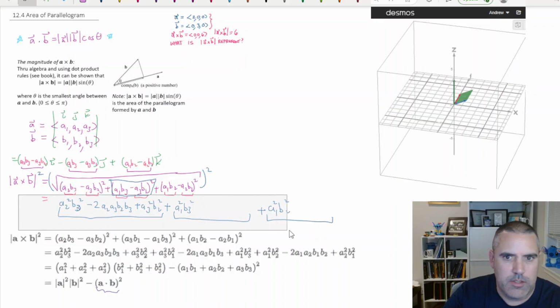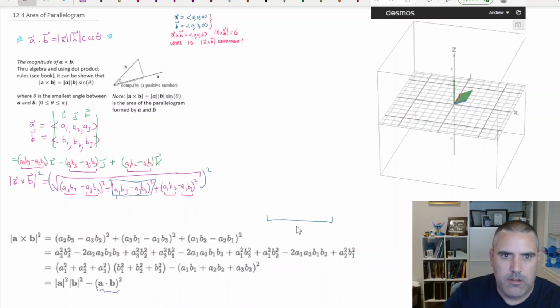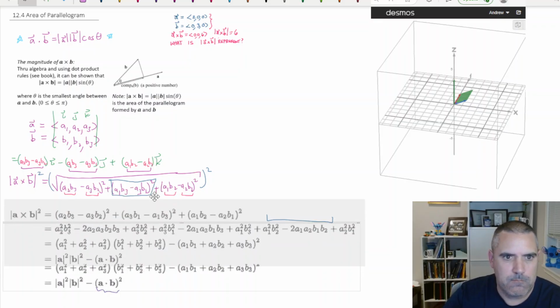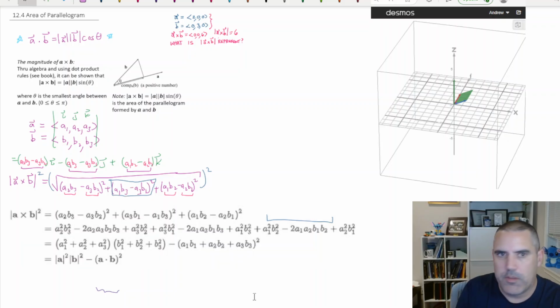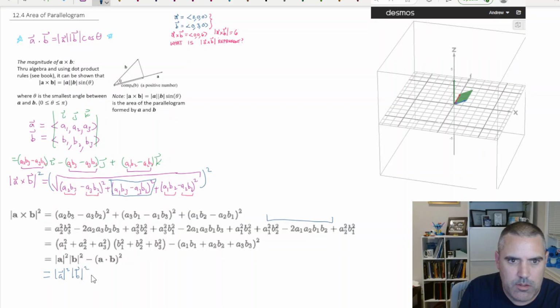So let me get rid of this. Move this up a little bit. And then let's finish off this proof. So the way the proof would finish, this is all saying this is equal to this. So this is the magnitude of A squared, the magnitude of B squared, minus, and then this is going to be the magnitude of A, the magnitude of B, cosine of theta, and that's all squared.